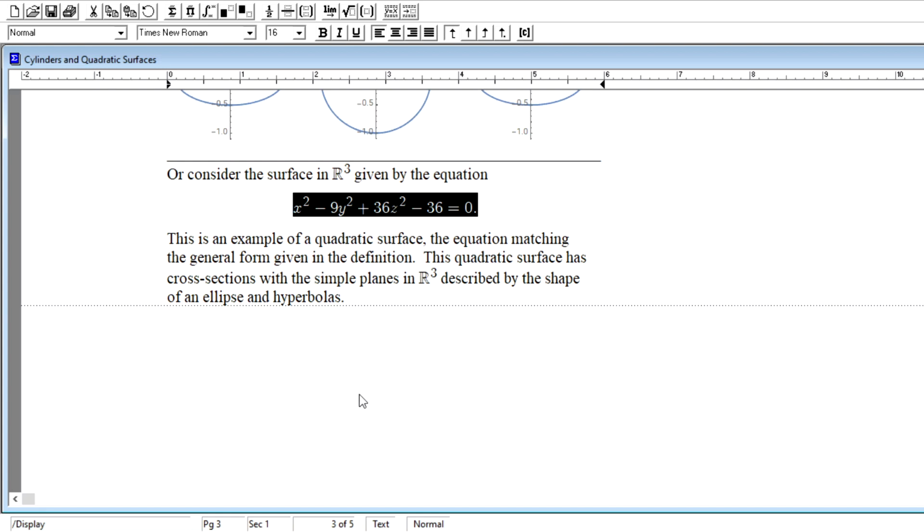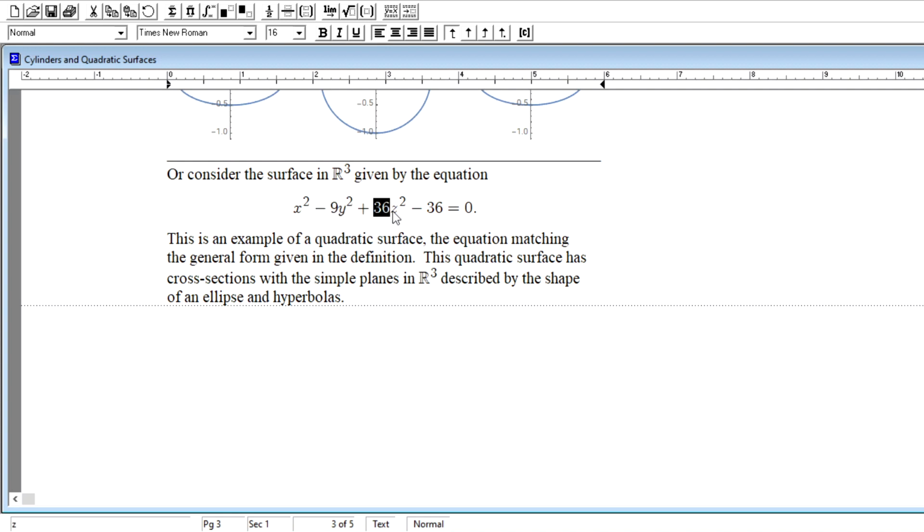Here we can see, if we start to look at our simple planes, if I look at all my simple planes for x, what would we have here for y squared and z squared? Well, that would be a hyperbolic shape with respect to y and z. If I was to make y a simple plane, this would turn into a constant, and I'd have an equation involving x and z that would look a bit more elliptical.